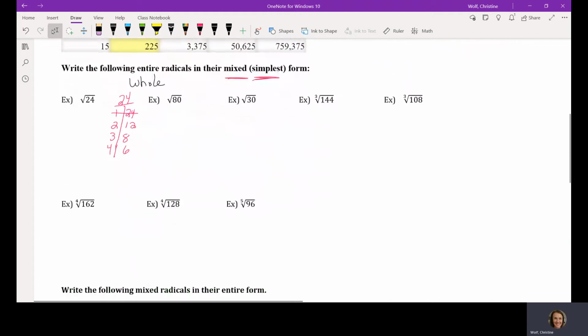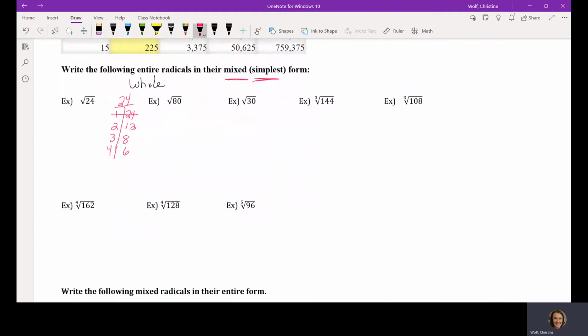Because there's no number in that little nook, there's actually a 2 there, this is a square root. We want the square root of 24. So when I am looking at these three options, I have to pick the option that contains a perfect square, because I want the square root of 24. 2 is not a perfect square, 12 is not, 3 is not, 8 is not.